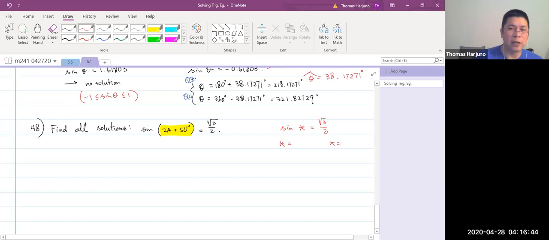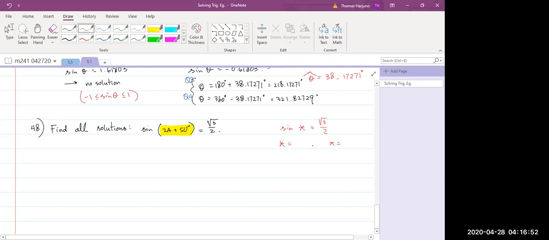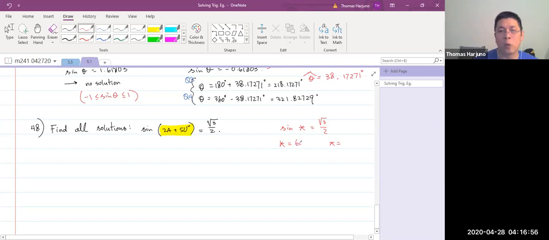What's the reference angle? 60 degrees. And sine is positive in quadrant 1 and quadrant 2. You see what I mean?